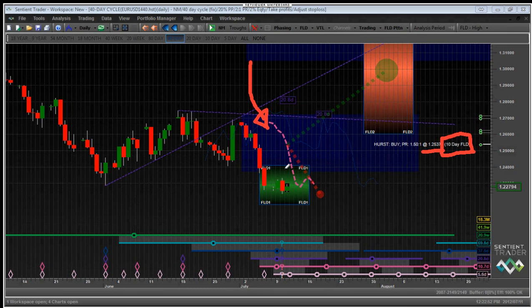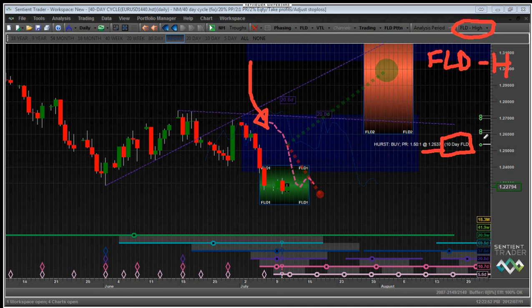Now, the other thing you'll know if you've been working with version 2 of Sentient Trader is that there are 3 FLDs that you can get. There's the FLD based on the median price, FLD based on the high price, and FLD based on the low price. Some people get very confused about when they should be using which FLD. I'm not going to explain it all again now. It's actually fairly simple, but you will notice that version 3 of Sentient Trader makes that decision for you.